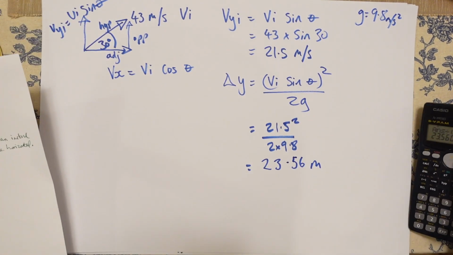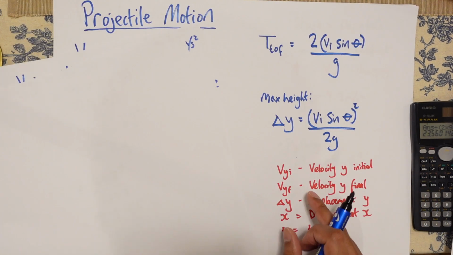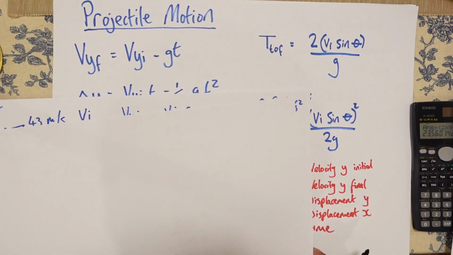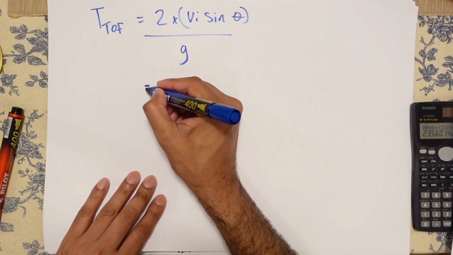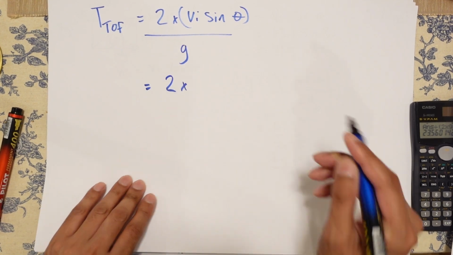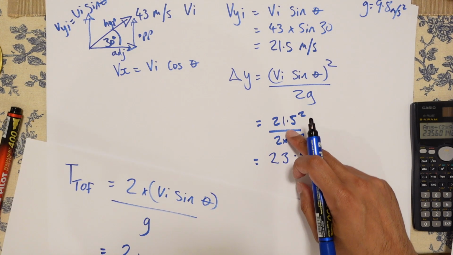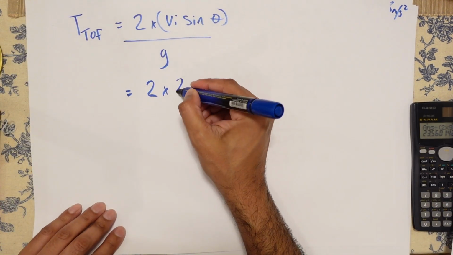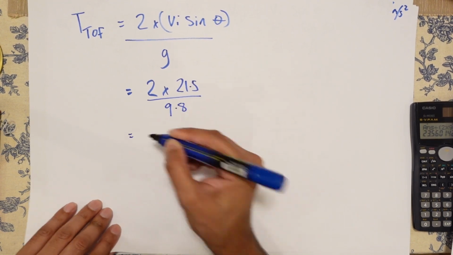Okay. The next thing is calculate the flight time. So flight time, we're using this: 2 times Vi sine theta divided by g. Now again, I've already worked that out. That's 2 times, from the previous page, 21.5 divided by 9.8.